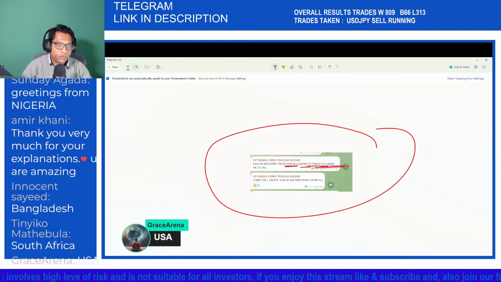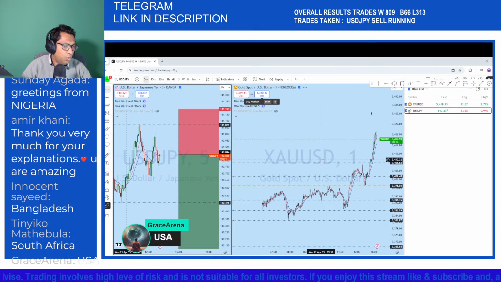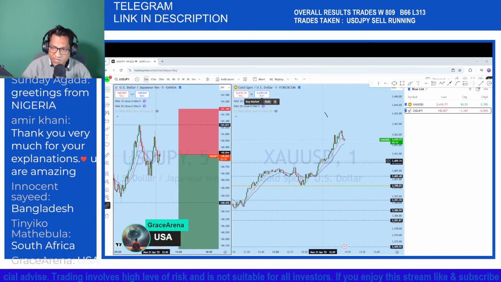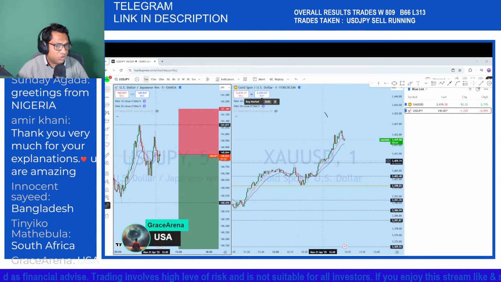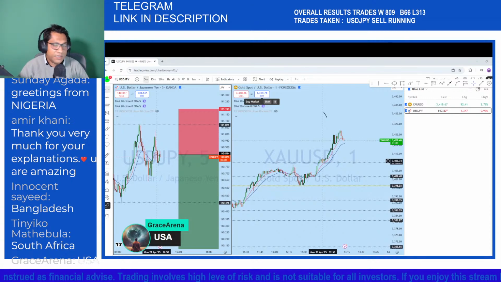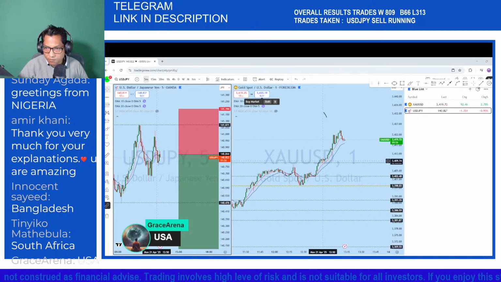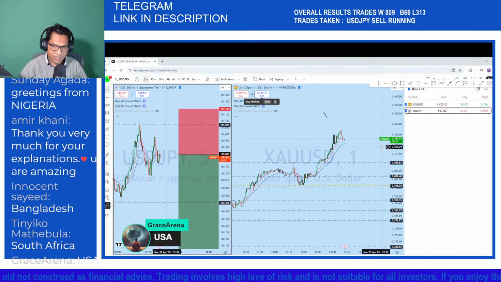And this is also another very important point. When we are looking at the market, on what basis are we opening trades, right? We are opening based on indicator, EMA, or price action, market structure.